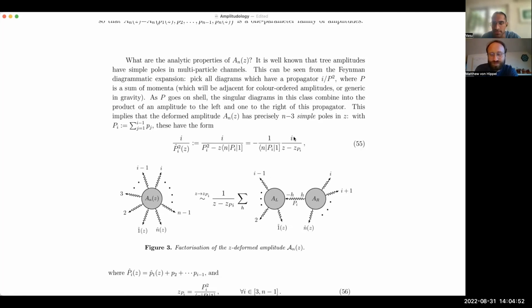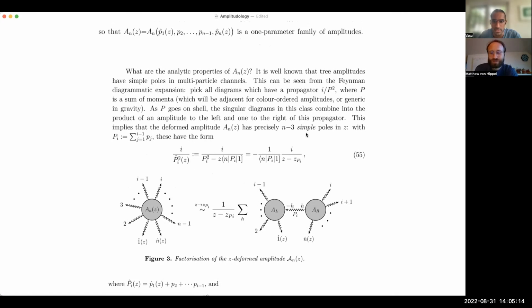So those are three that stand aside from the rest, and you're going to have those three poles. Each of them going to 0 gives you a pole.